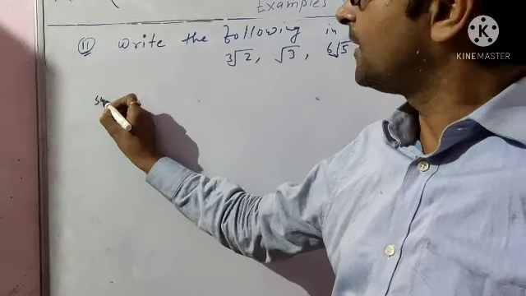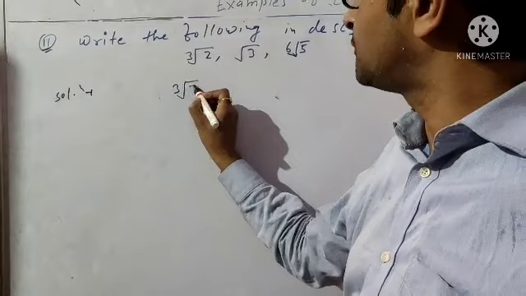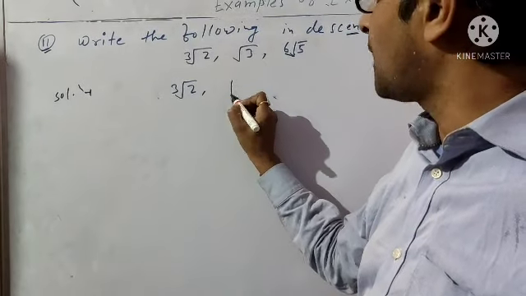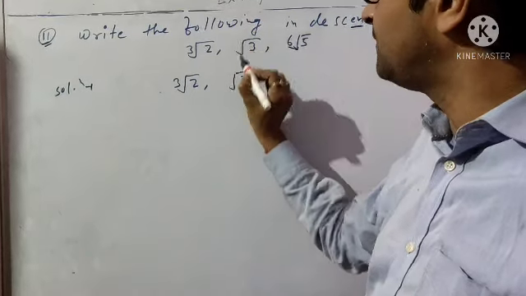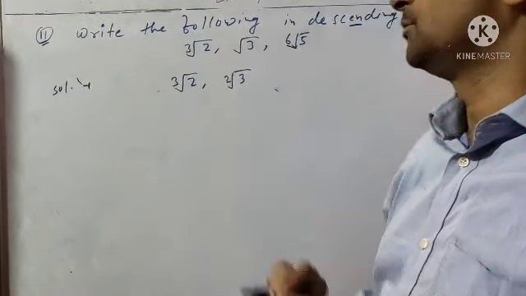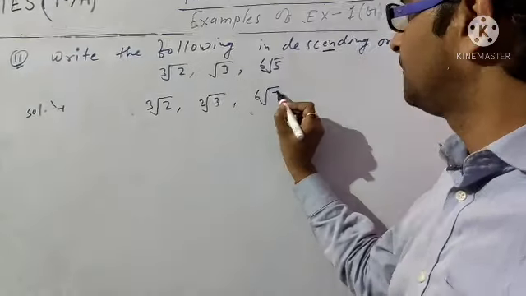Okay, student. First of all, this value is the cube root of 2 and this value is the square root of 3. And this value is the 6th root of 5.